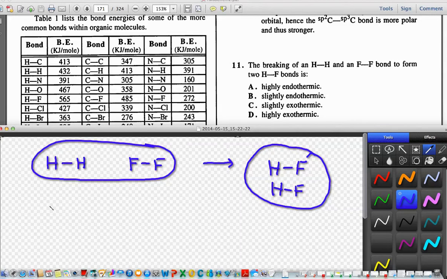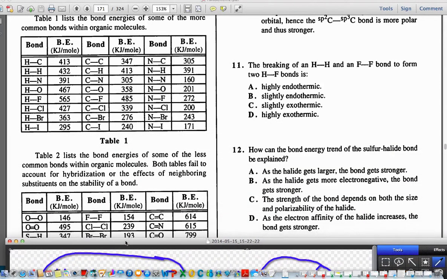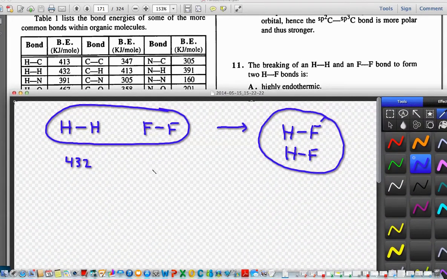So HH bond is 432, and an FF bond is 154. So if we combine those, we have 586.